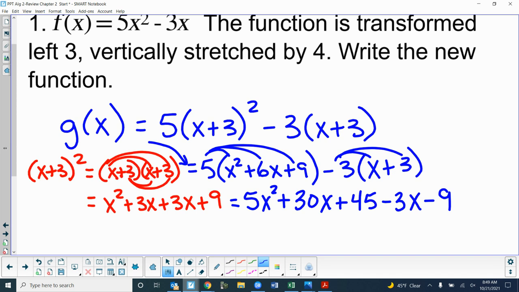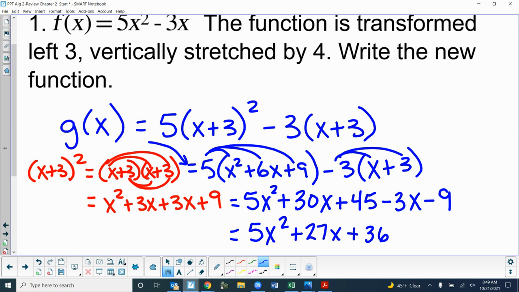You guys can all do that math, right? That algebra stuff. Combining like terms, it looks like 30 minus 3 is 27, and 45 minus 9 is 36. Okay, so that's just transforming it left 3.